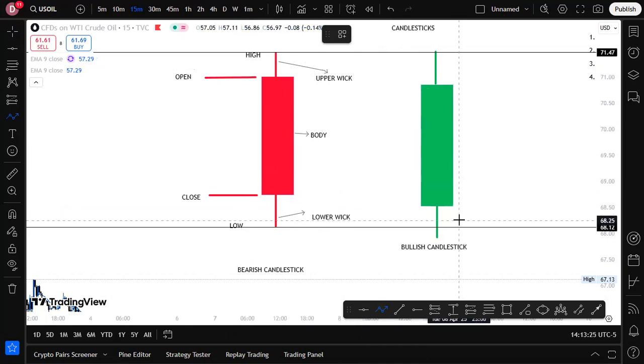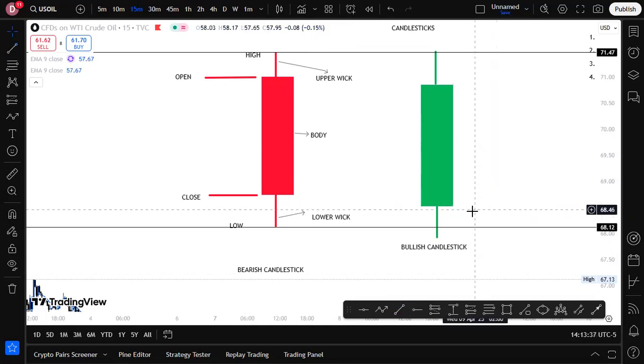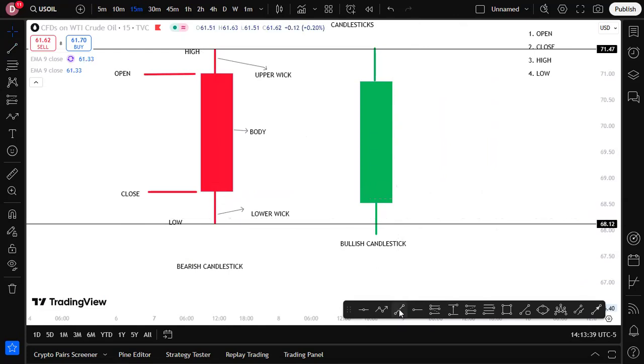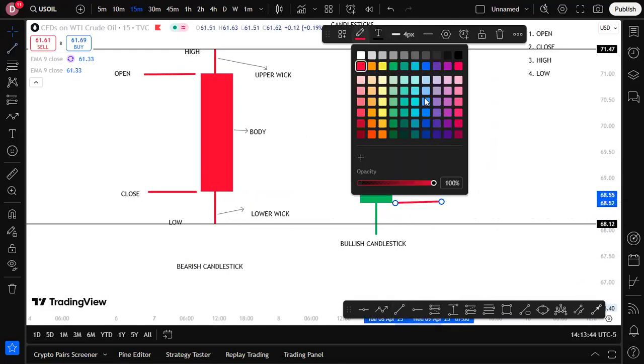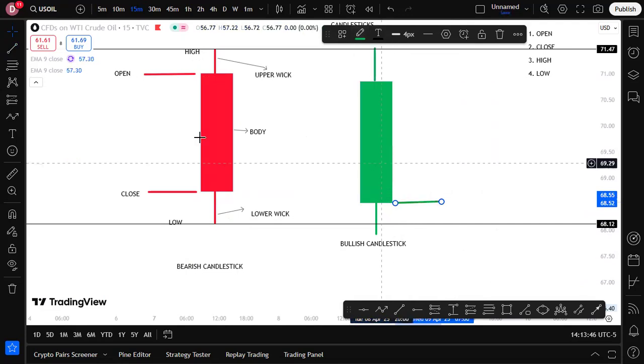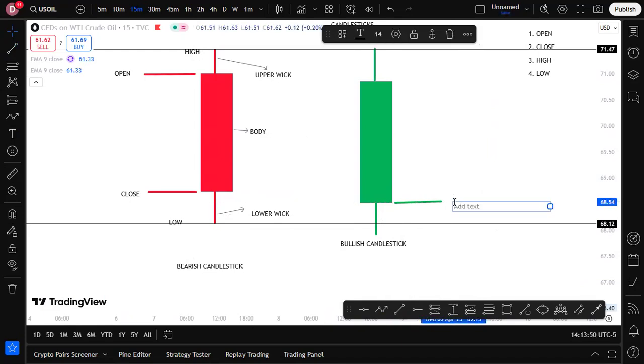So now let's move to the bullish candlestick. For the bullish candlestick, we usually open below and close above. So for a bullish candlestick, this is our open price. So this is our open.